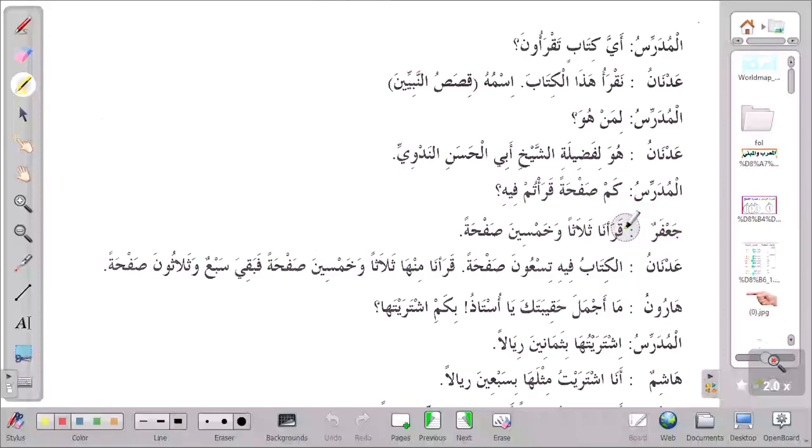Jafar says: قرأنا ثلاثا وخمسين صفحة. We read 53 pages.